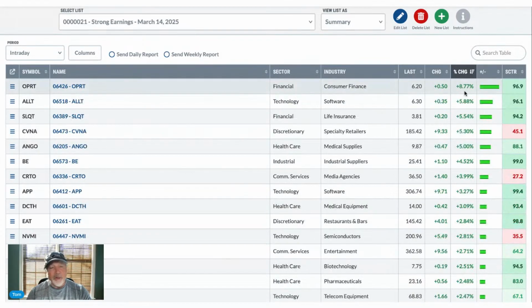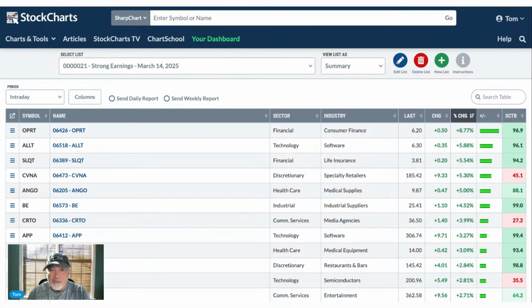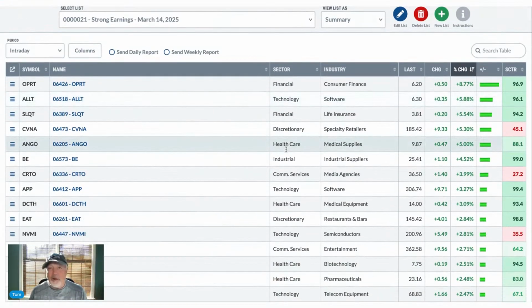So it just gives you a really quick snapshot. When earnings season is strong, we could have up to a couple hundred, 300 companies on one chart list, which would mean, if you wanted to look at each company individually, you'd have to pull up every single individual chart to see the market reaction. Here, we've already done all that work for you.